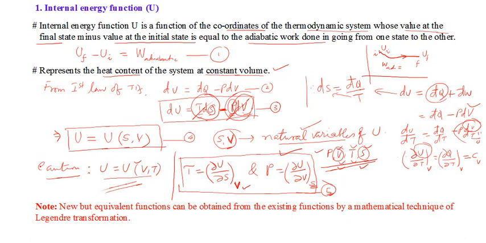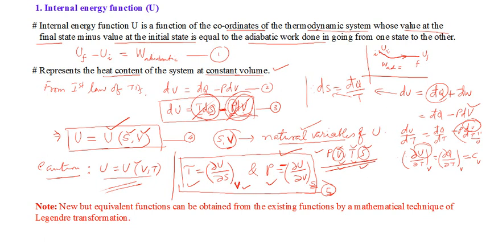So you can see that knowing the internal energy in terms of the entropy and volume will let you find out or define the temperature and the pressure of the system in terms of the internal energy. So we can say that internal energy helps us to obtain other things. This is the definition of the internal energy function as a potential function.